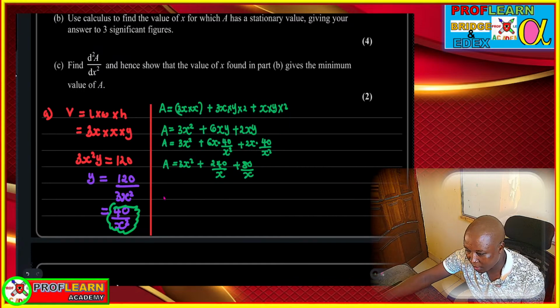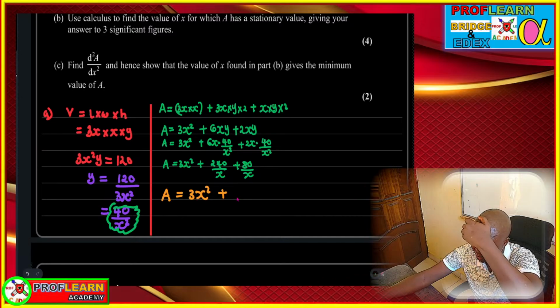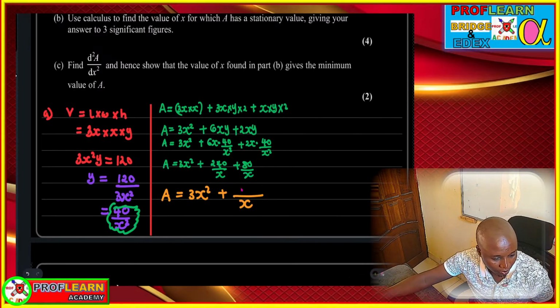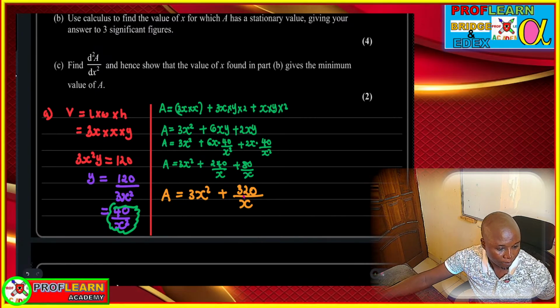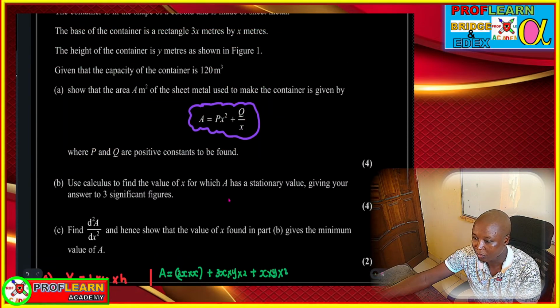So we can simplify that now. This is A equals 3x squared plus, the LCM is x, and then 240 plus 80 is equal to 320, over x.